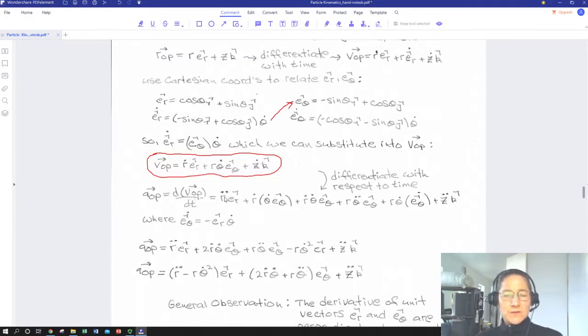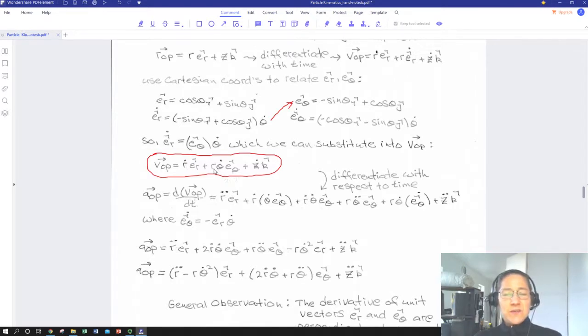So first I'll do another derivative of r, so I have r double dot times unit vector r. Then I have r dot times r hat dot, which I've already defined as d theta dt times the unit vector in the theta direction. Okay, so that's the first term done.